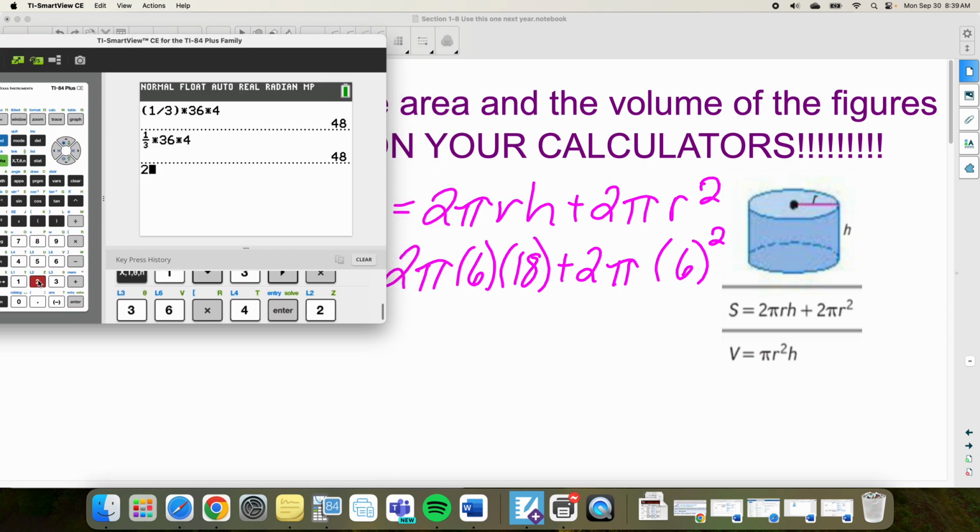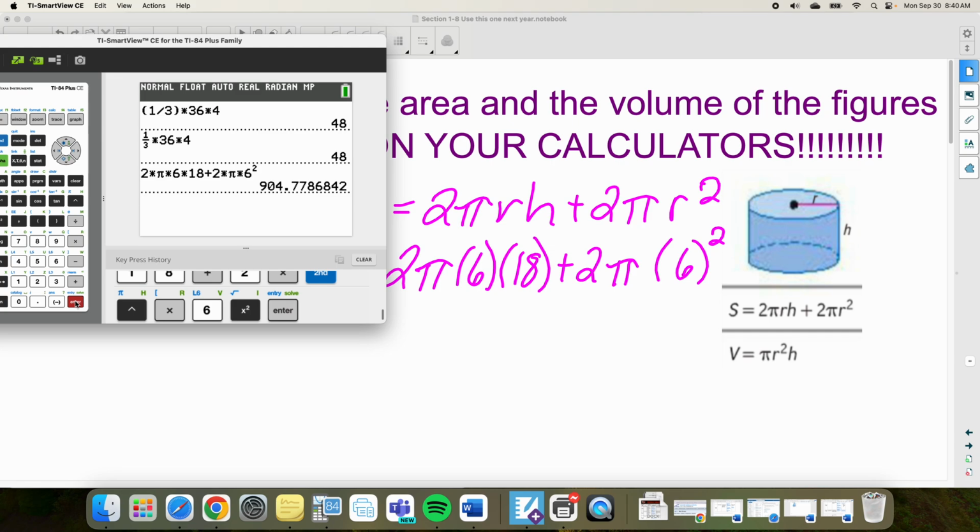So we're going to go 2 times pi, which we get by going second up arrow, and then times 6 times 18, plus 2 times pi again with second up arrow, times 6 squared, and when I hit enter, that is my answer.